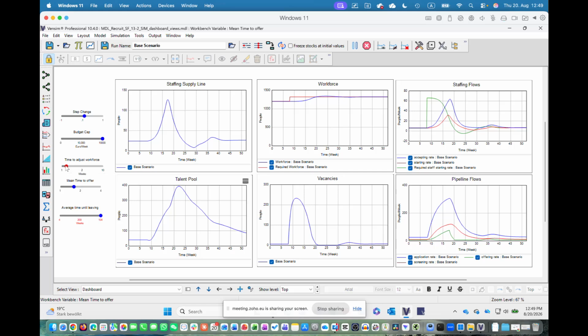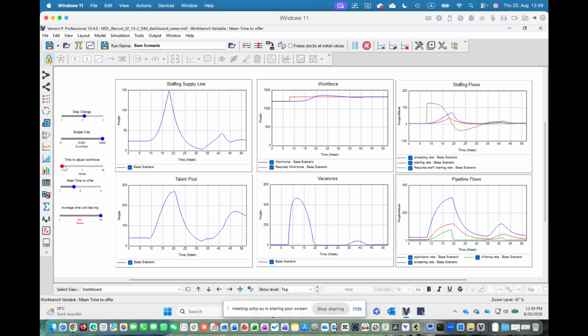So if we move this further down to 1 week, you see now that the movement is accentuated. We see that quite often, where people say, okay, we are all over the place. We have sometimes not enough. Then operations is asking us to hire way more people, but then we have too many people in the supply line, so we have hired too many people. And since they are hired, they would also start.